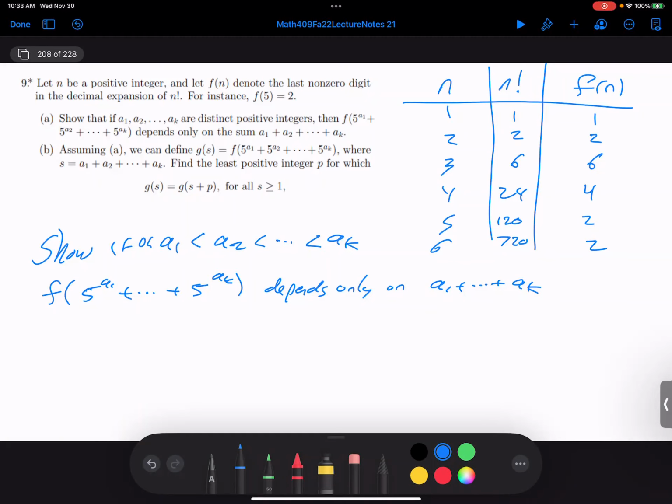So when I look at n factorial, what really matters in terms of the products? I only care about things that will affect the first non-zero digit. So if I needed to calculate, say, 12 factorial, how much would I really have to work with?